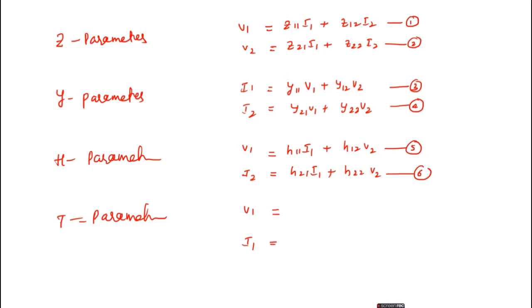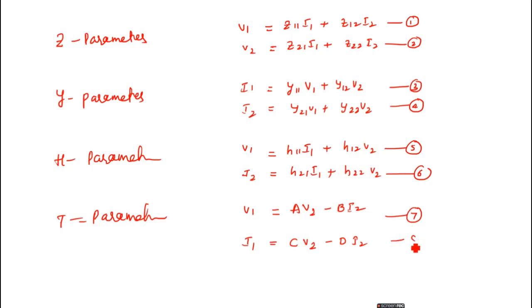Transmission line parameters. Just now we discussed V1 equals A into V2 minus B into I2. Here I1 equals C into V2 minus D into I2.